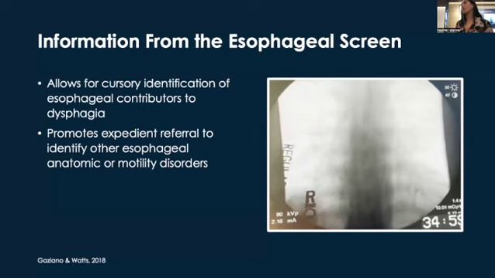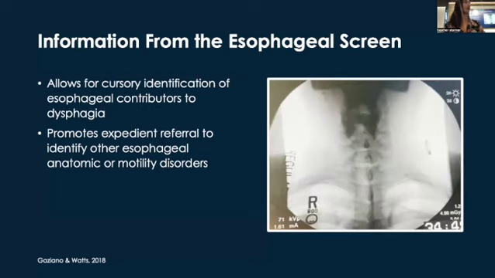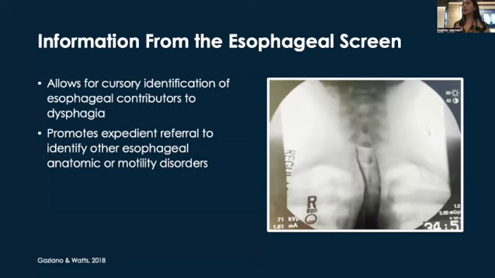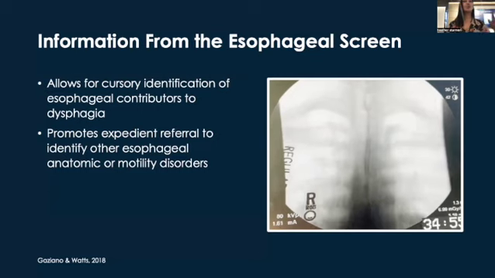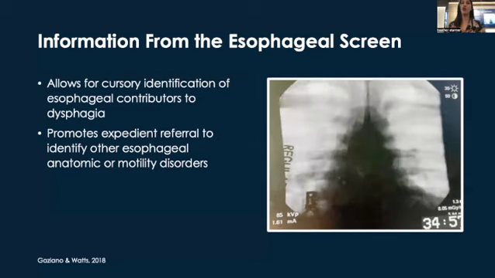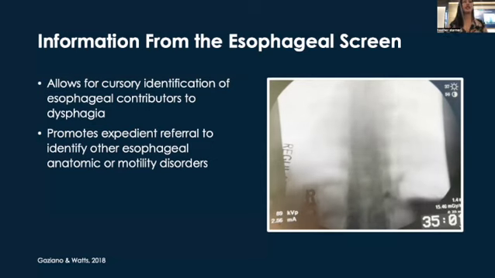And furthermore, it allows us to really get our foot in the door in terms of referrals. We can flag our laryngology colleagues or GI colleagues and say, hey, I did a fluoro, I looked at the esophageal screen, and there was something a little wonky going on and that maybe needs a little bit further workup or a more expedient workup.